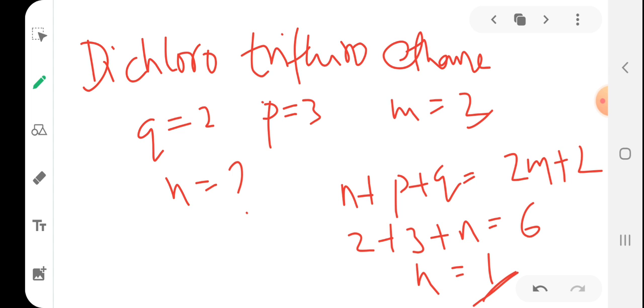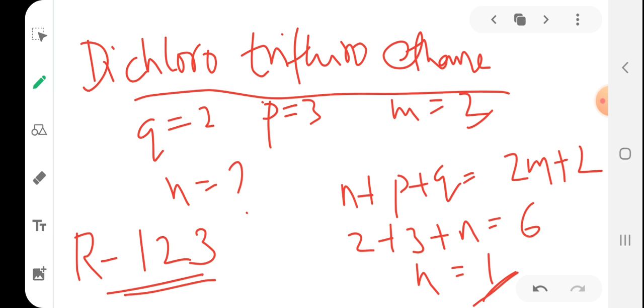So hydrogen should be 1. So what will be the refrigerant designation? R. m minus 1 means 2 minus 1, 1, n plus 1 is 2, and p is 3. So R123. So dichlorotrifluoroethane is R123. So this is how we designate a refrigerant.